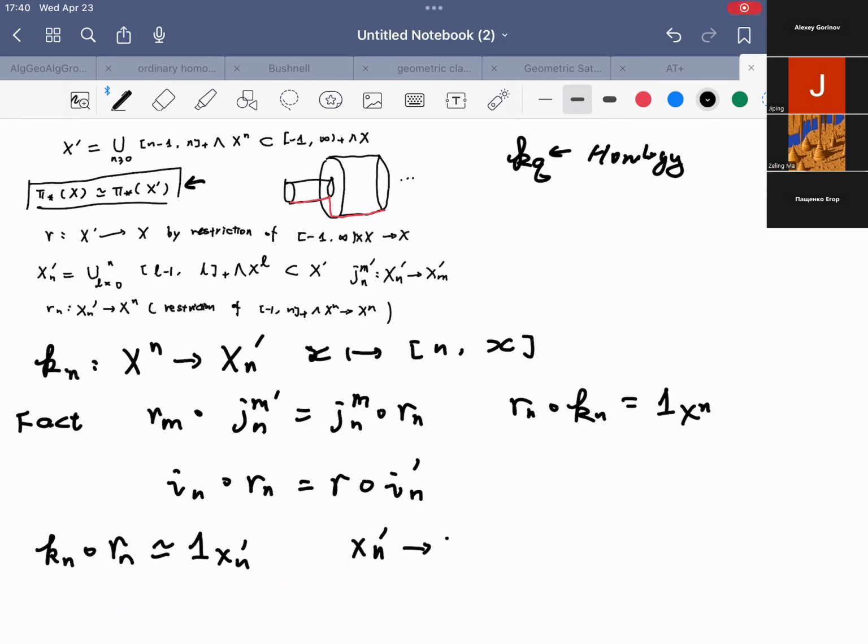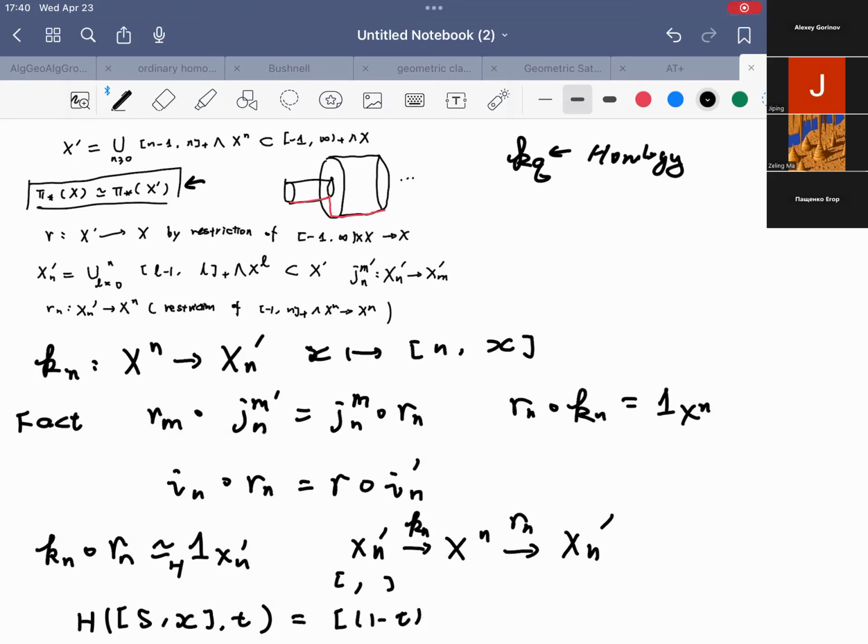So R is X_n prime to X_n, then you compose with X_n prime. The homotopy map is given by (s, x, t) to (s, (1 minus t)x plus t x) for s in n minus 1 to n and x in X and t in [0,1]. So this is the homotopy map.